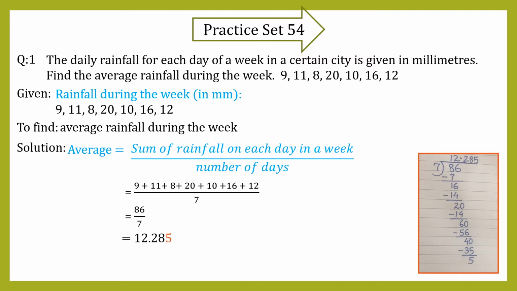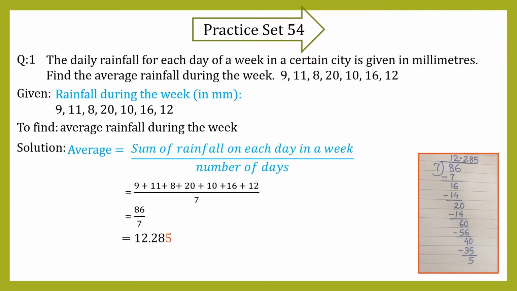So this third decimal place, which is nothing but 5, is not needed. So what we will do is round off. So how do we round off? The digit which has to be dropped, we will check whether it is 5 or greater than 5. Now dear children, what is the third digit?